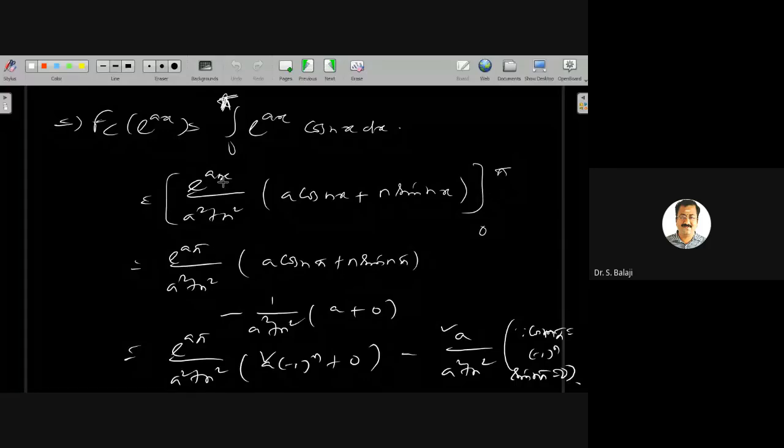Substitute the limits: x equal to pi, e power a pi by a square plus n square times a cos n pi plus n sin n pi. Apply 0: e power 0 is 1 by a square plus n square, cos 0 is 1 for a, sin 0 is 0, plus 0.